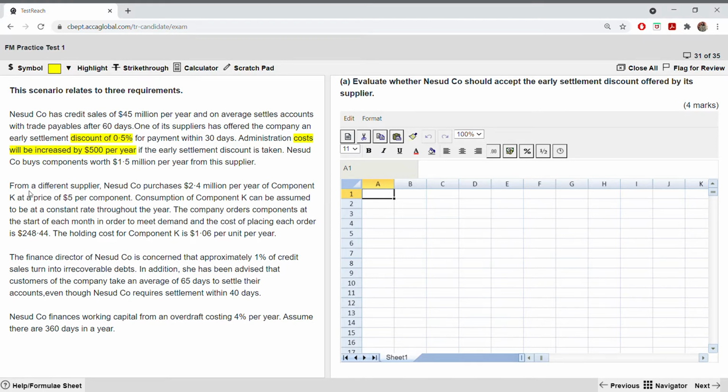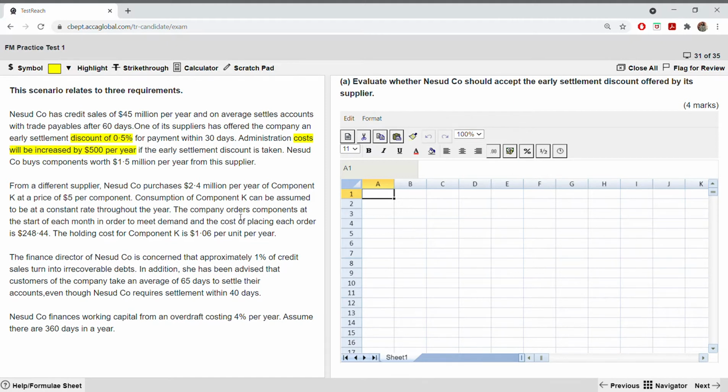Now, from a different supplier, Nesot purchases 2.5 million per year of component K at a price of 5 per component. So they have given you the price per component and how much they purchase for a year. This is a different supplier. Consumption of component K can be assumed to be at a constant rate throughout the year. The company orders components at the start of each month.